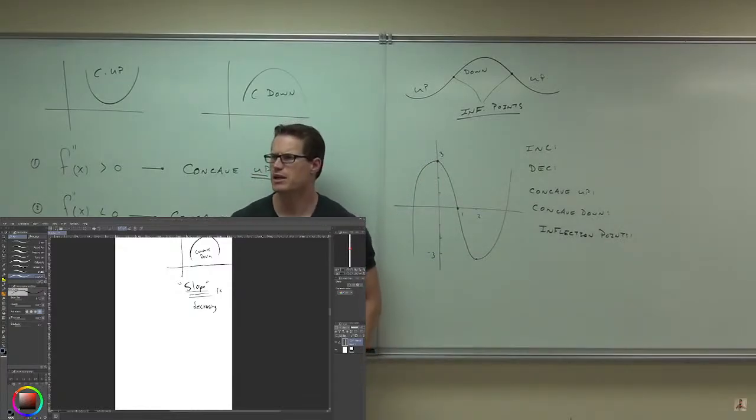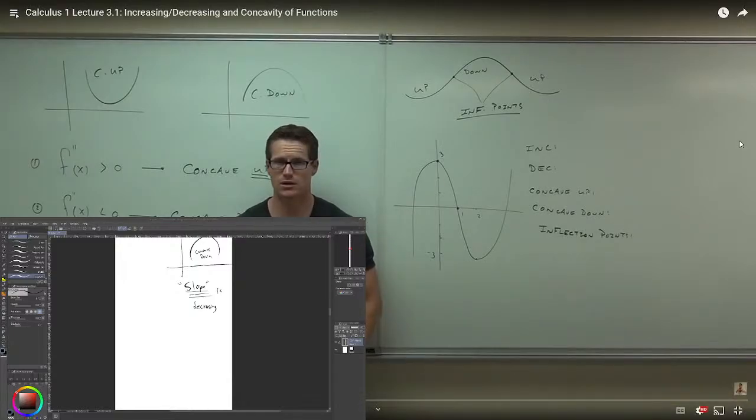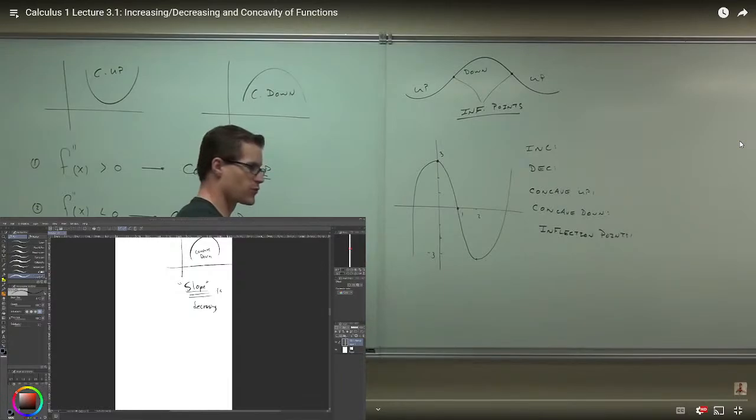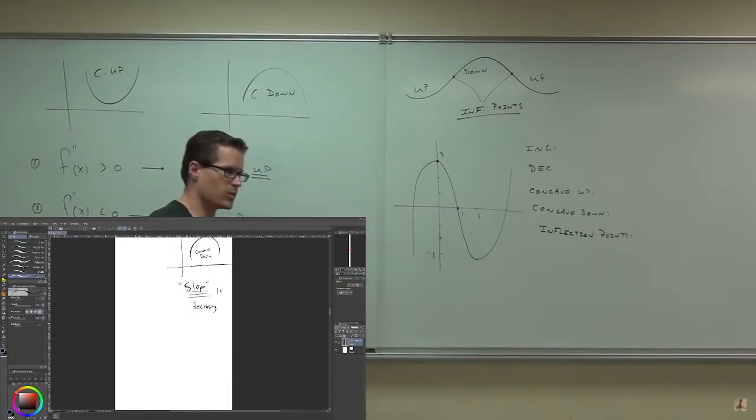Where are we increasing? Give me an interval where we're increasing. The function needs to be going up from left to right. So all the way from the start of our graph, which goes way down, but it could start ultimately from negative infinity.